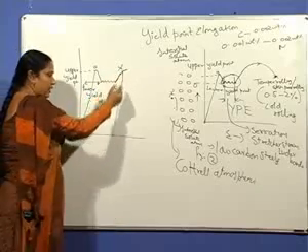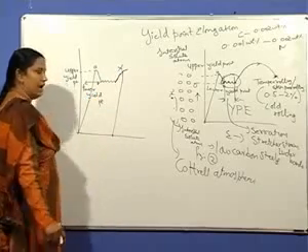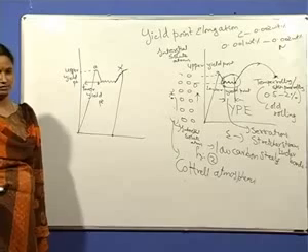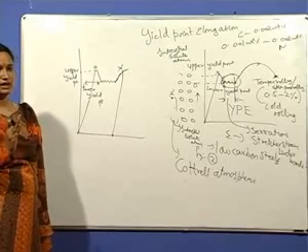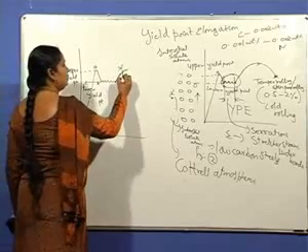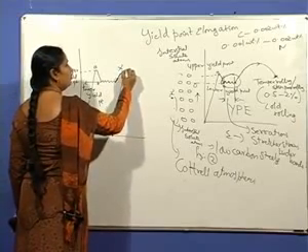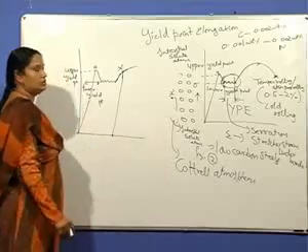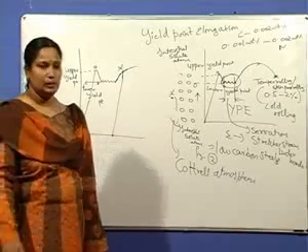At this point, you unload that material and immediately reload it, without giving any time. So the material will normally follow the curve. There is no appearance of yield point phenomena.